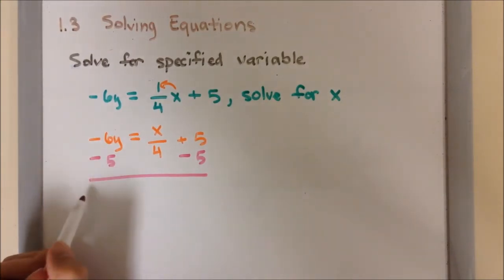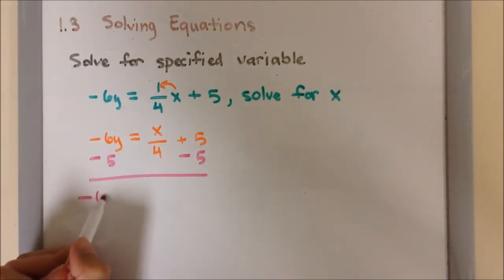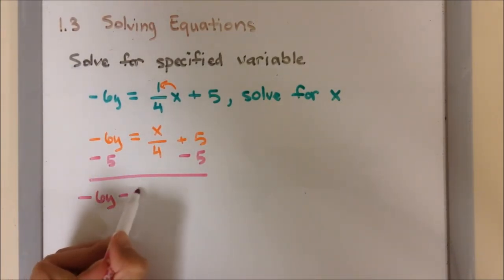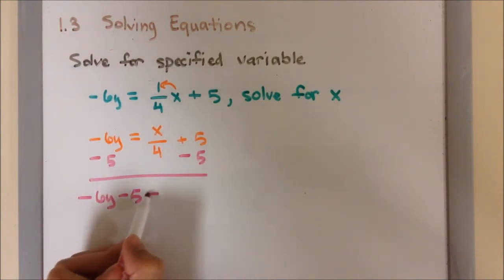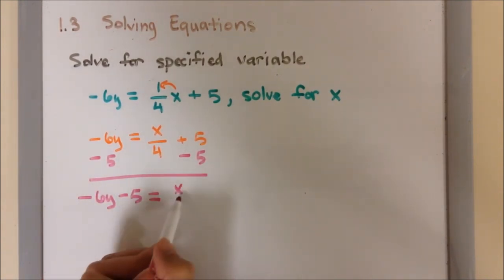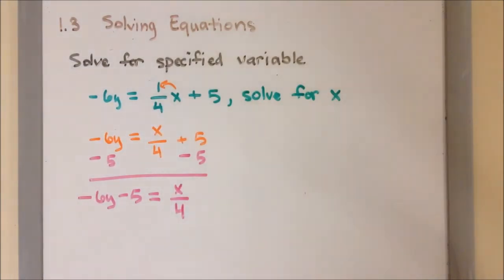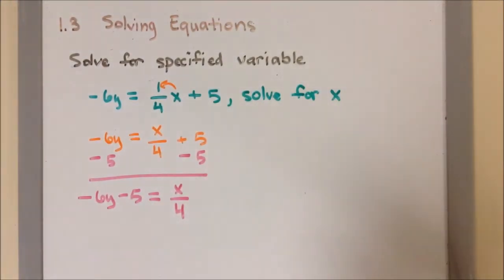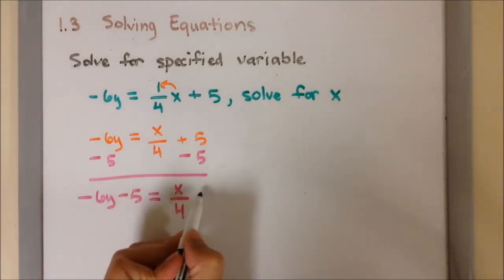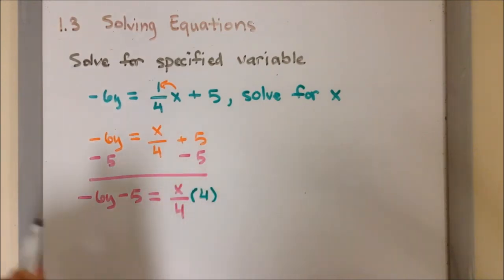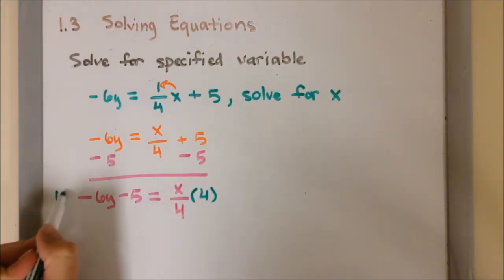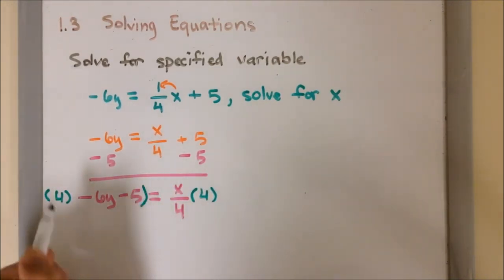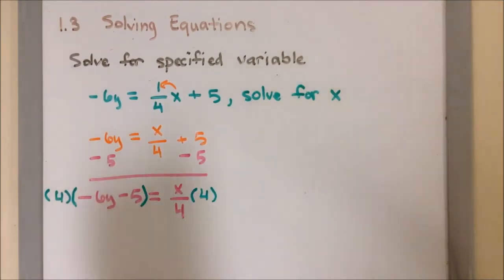So I'll rewrite it with the variable first: negative 6y minus 5 equals x over 4. Now since we have a fraction, the opposite of division is multiplication. I'm going to multiply by 4, and I'm going to multiply the whole thing, negative 6y minus 5, by 4.